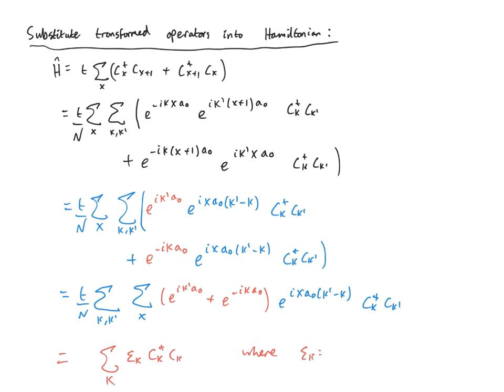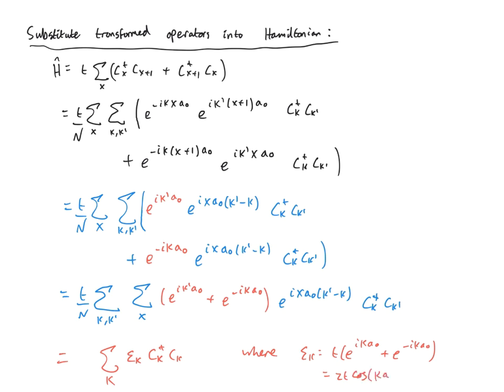Okay. This epsilon k, I'll absorb the t into the definition of epsilon k, is going to be t times e to the i k a naught plus e to the minus i k a naught, which is otherwise known as 2t cos k a naught.